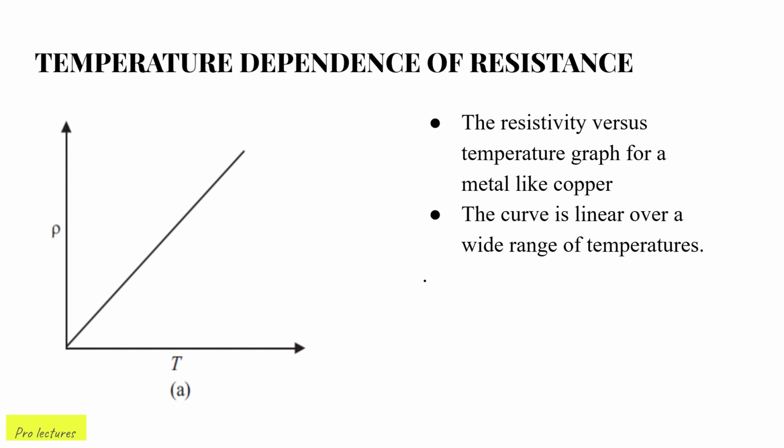The curve is linear over a wide range of temperature. We saw earlier the resistance of a conductor is proportional to its resistivity. Therefore, the temperature variance of resistance can be written as R is R naught into 1 plus alpha into T minus T naught.